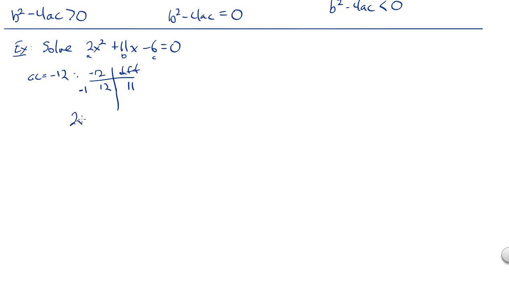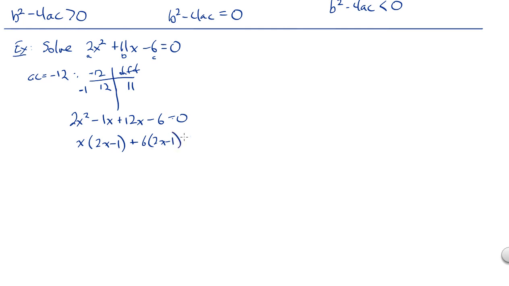We now need to split up that 11x into 2x squared minus 1x plus 12x minus 6. And then we factor by grouping. We can factor an x out of these first two terms. We get 2x minus 1. And we can factor 6 out of these. We get 2x minus 1.